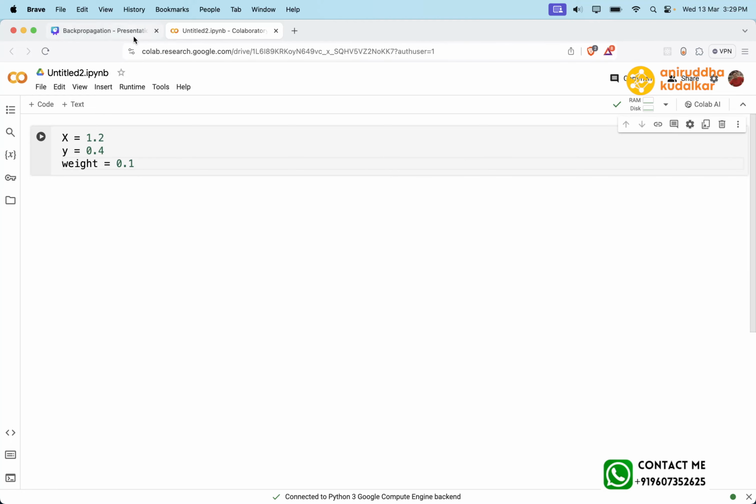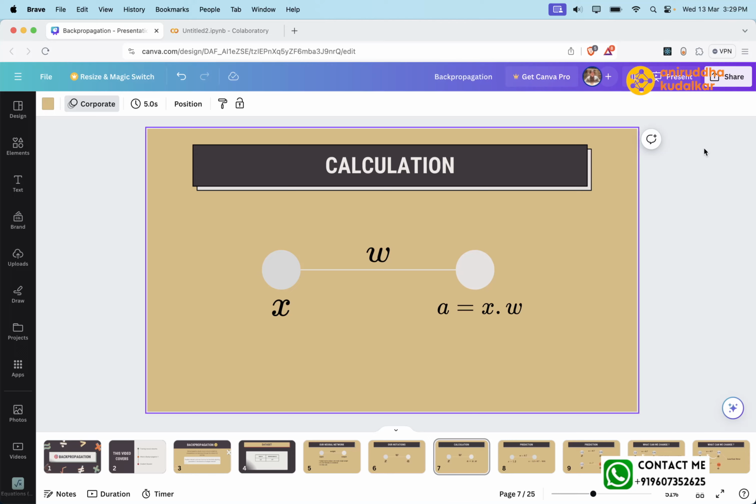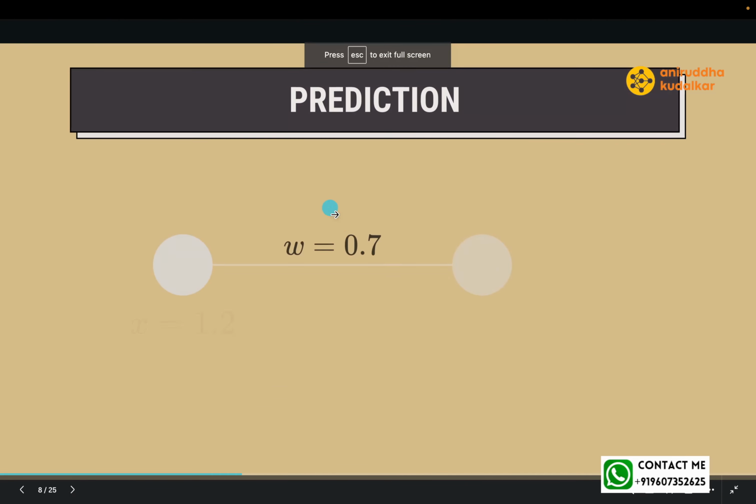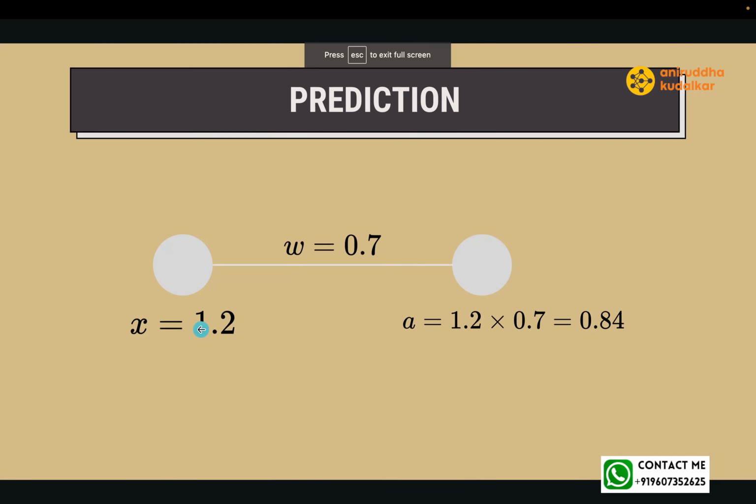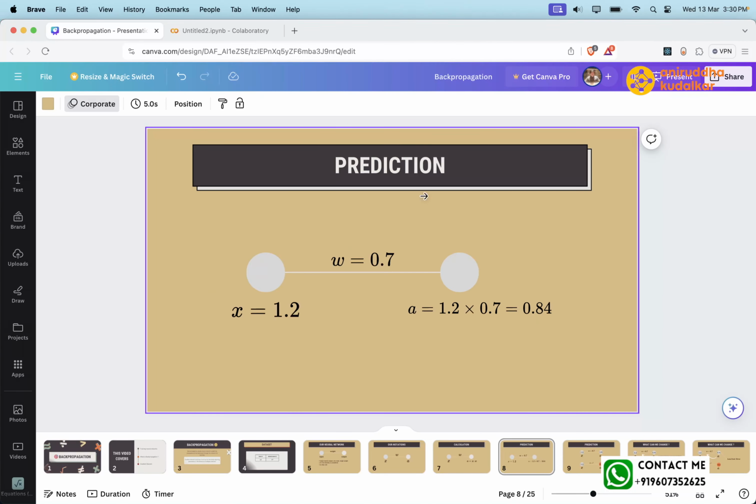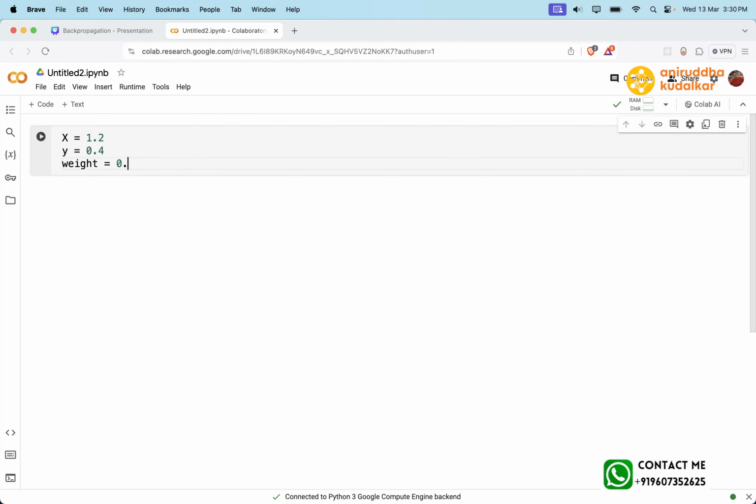Weight is 0.7, I mean. So X is 1.2, weight is 0.7, then the output activation A equals 1.2 into 0.7.